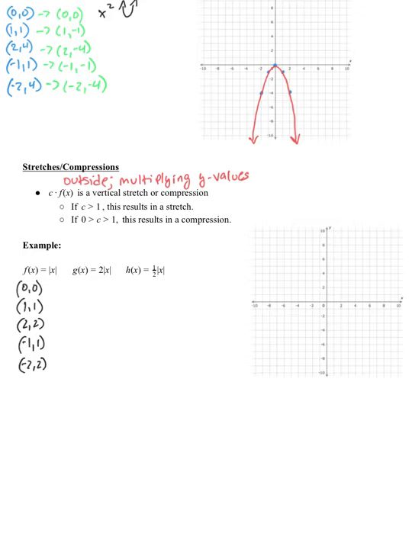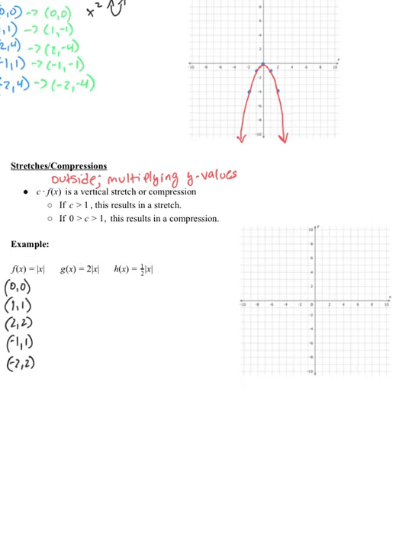I'm just going to graph this guy really quickly. So we got 0, 0 here, 1, 1, 2, 2. Just like the parabola, it is a mirror of itself, so I can go like that. And now I can graph this. You should use a straight edge for yours.